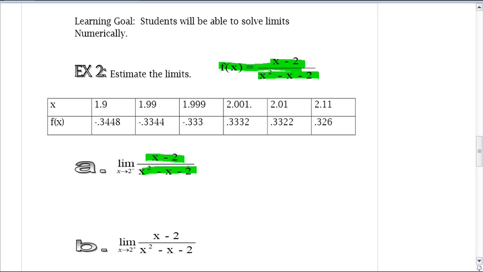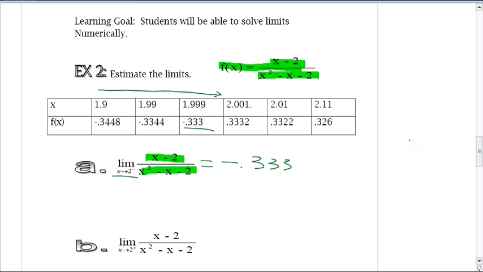So if I'm approaching 2 from the left, that's what this says of the function, I'm going from the left hand side, and I'm going to stop right there at 1.999. Now I can see here my height is negative 0.333.